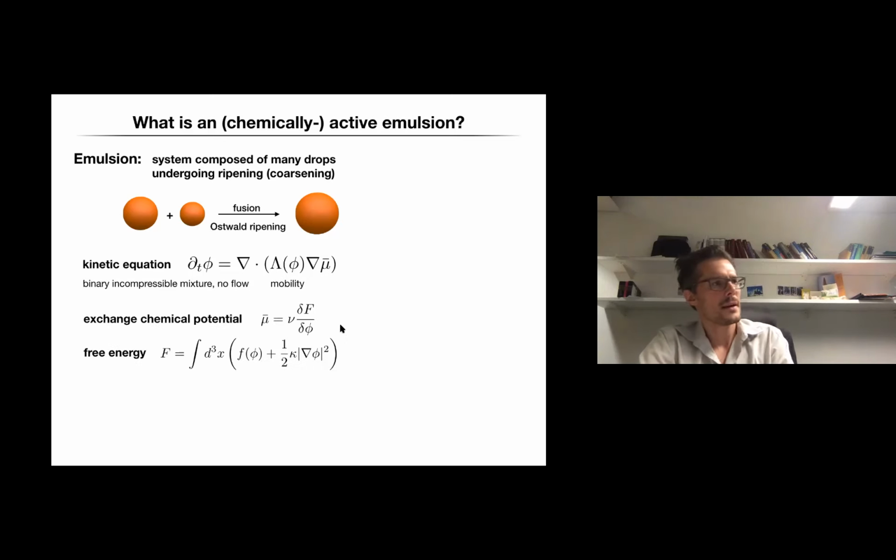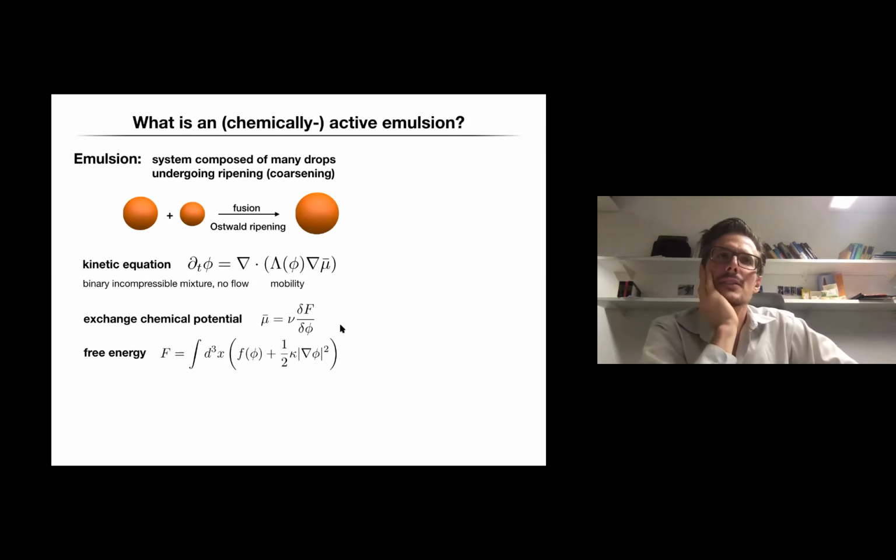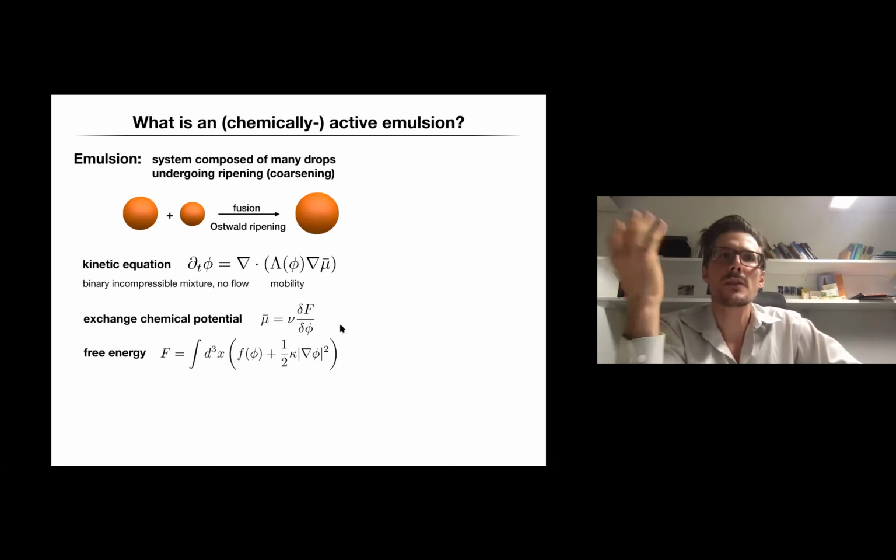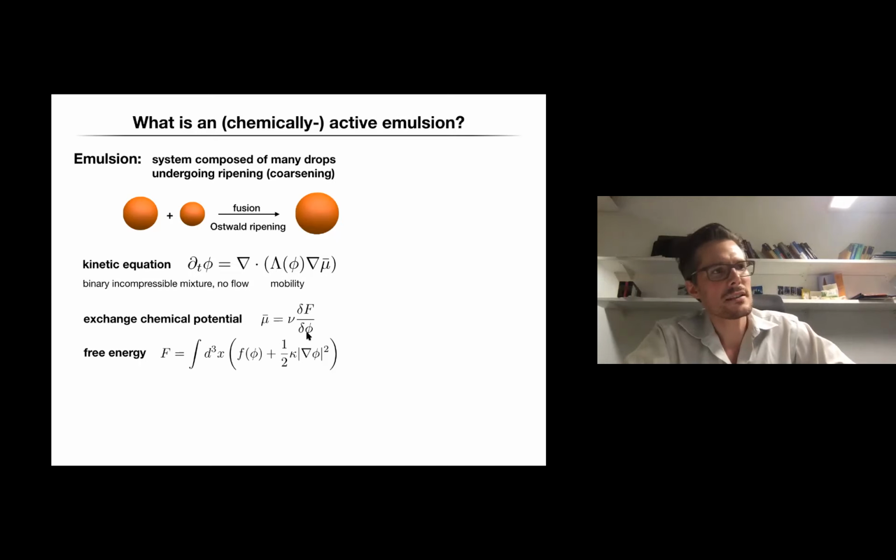So how is this chemical potential now linked to thermodynamics? It is simply linked by a derivative. To be slightly more picky, it's linked by a functional derivative of the free energy, because the free energy is actually a spatial integral of a free energy density. That includes the interaction, the entropies, or stuff that you know from your thermodynamics lecture, but also it includes a penalty to create gradients.